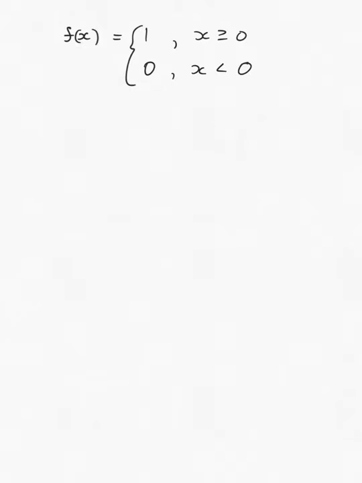Let's consider a different function. Let's say f of x is equal to 1 for x greater than or equal to 0, and f of x equals 0 for x less than 0. So if we plot that, here's x, here's, let's say, y equals f of x.